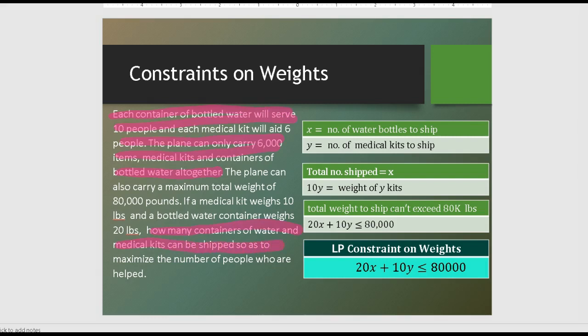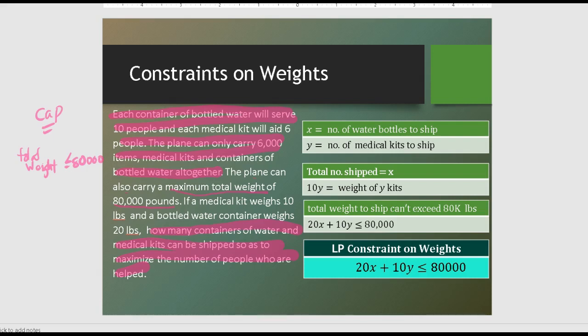Don't need the question. So we're left with two sentences. The plane can also carry a maximum total weight of 80,000 pounds. Again, this gives us the total weight is less than or equal to 80,000 pounds.